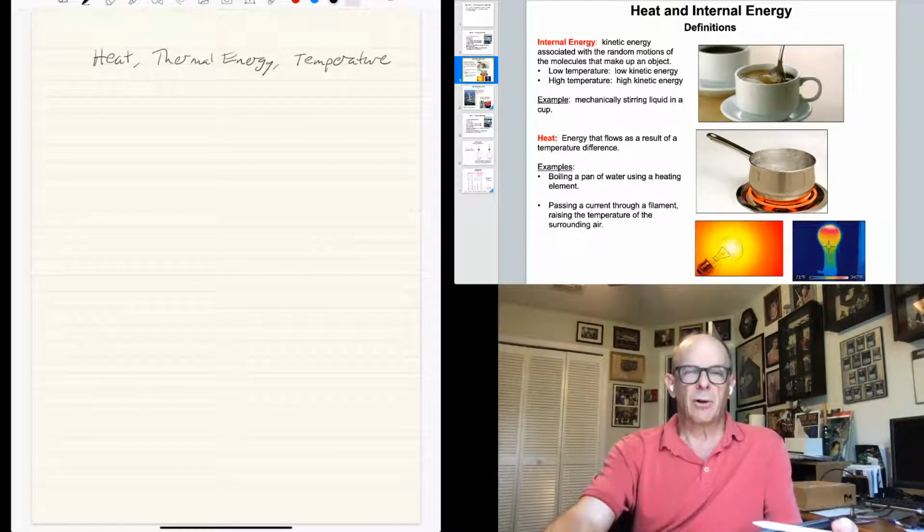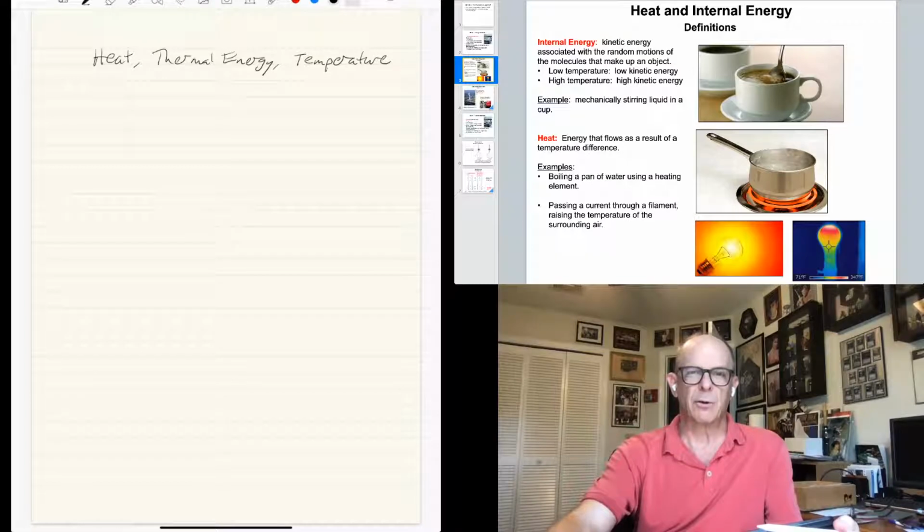So internal energy or thermal energy is the kinetic energy associated with the motions of the molecules or atoms in an object, and we characterize it by temperature. If the temperature is a small number, that means those things have a low kinetic energy, they're not moving very quickly, and if they have a high temperature, that means they have a high kinetic energy, they're moving quickly.